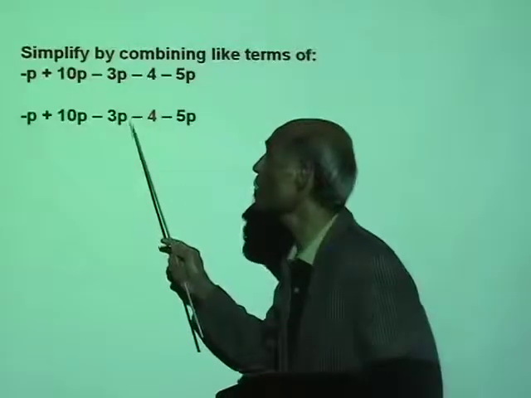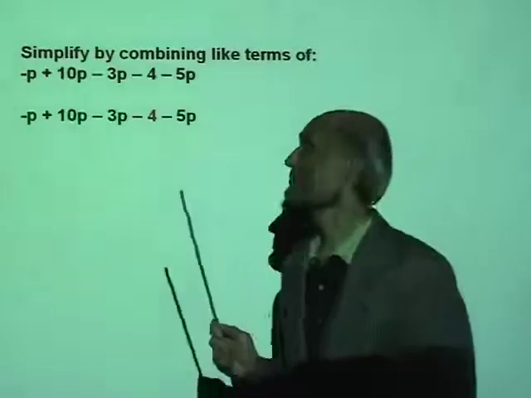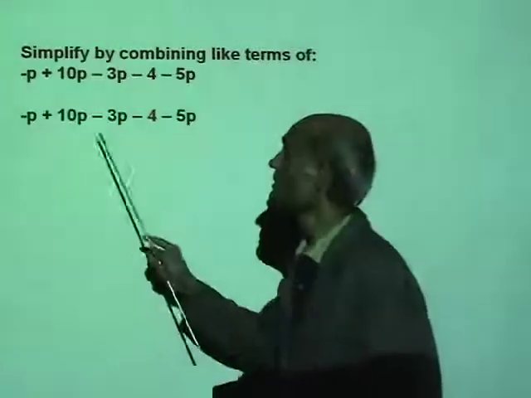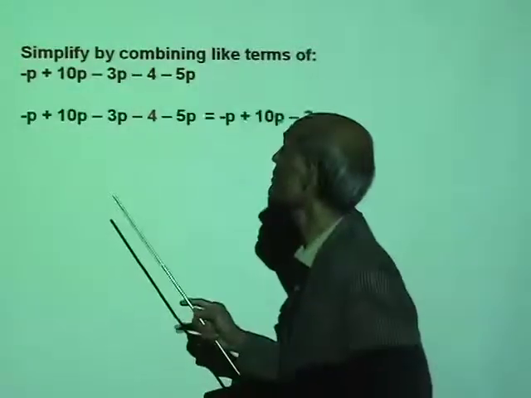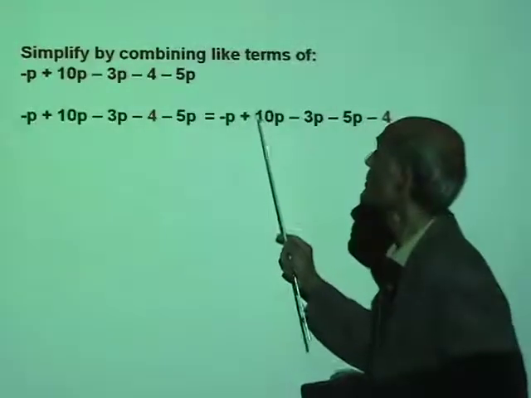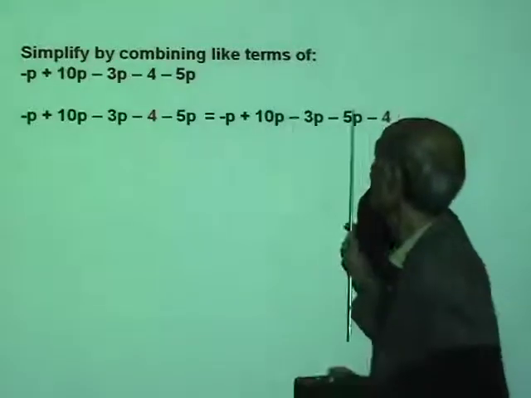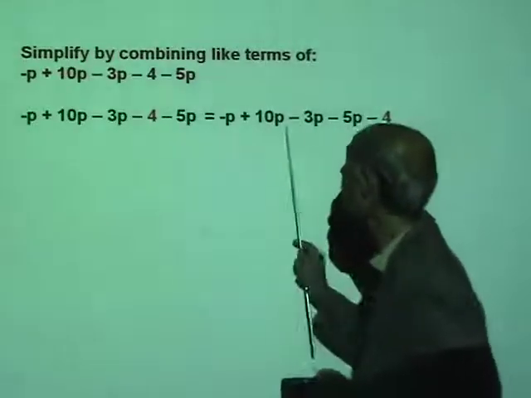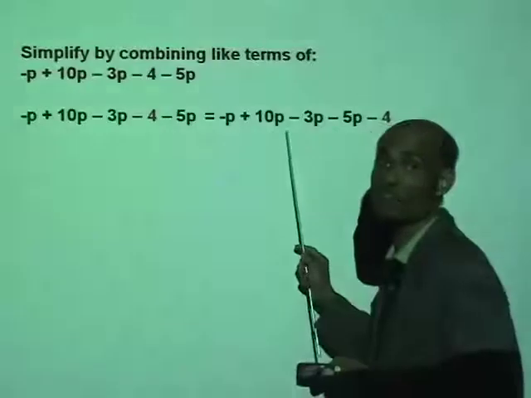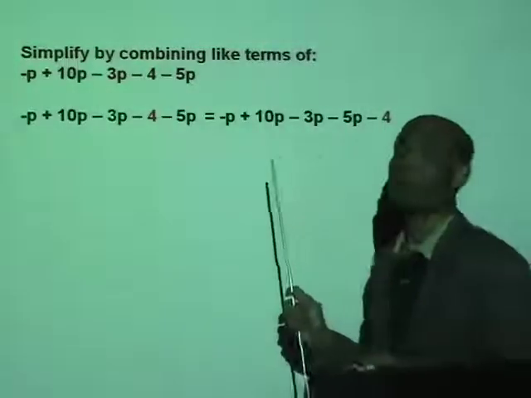There is only one term that is just a number. So, we put it all together and you can see negative p plus 10p minus 3p minus 5p. I wrote all the terms in p together, and finally minus 4.